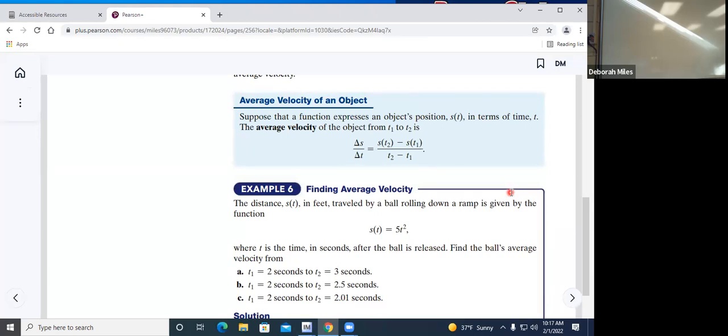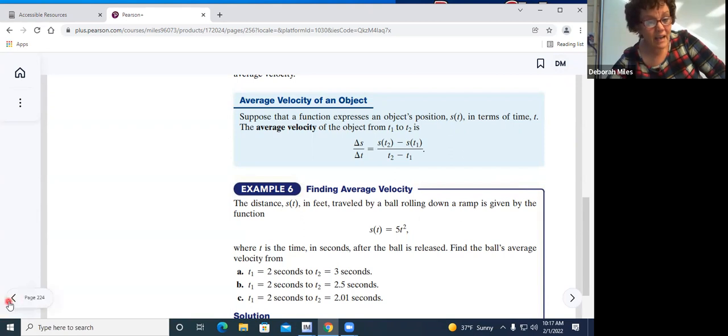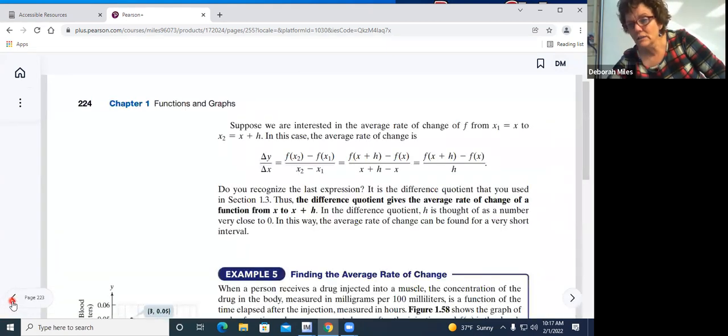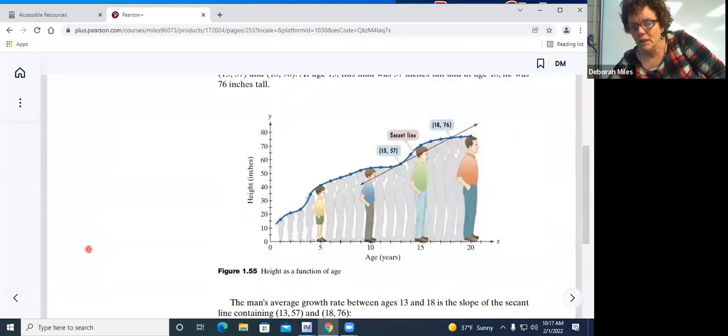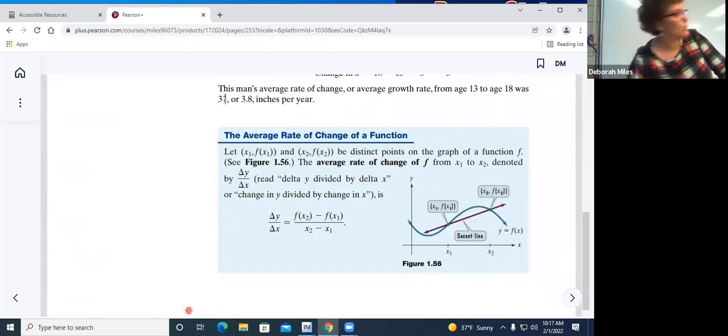If you're talking about average velocity, fine. If you're talking about average something else, it's not miles and it's not hours, then we have this other formula that we're not going to memorize because it means the same thing. Whatever x is and whatever y is, this triangle is delta. This is delta y over delta x.